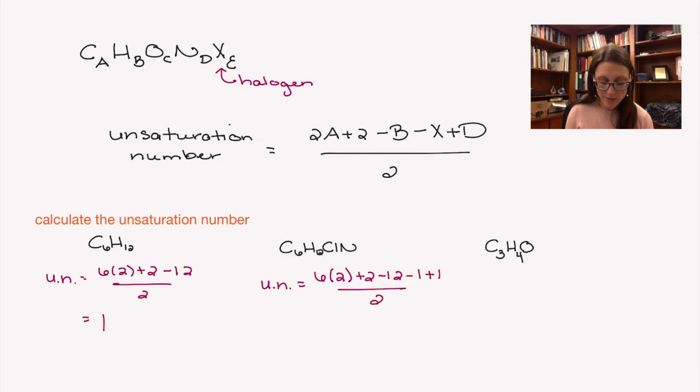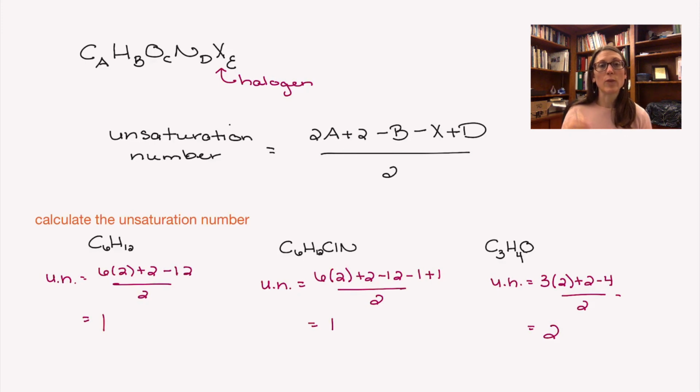We're back to another unsaturation number of 1. There'll be 1 pi bond or 1 ring in this structure. The molecule on the right, your unsaturation number is going to be 3 times 2 plus 2, minus 4, divided by 2. Again, oxygens don't impact your unsaturation number. This has an unsaturation number of 2.